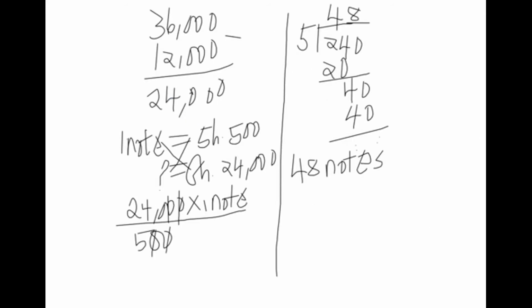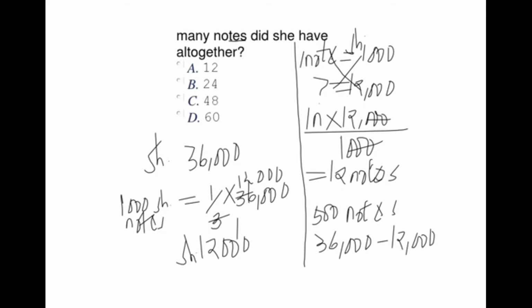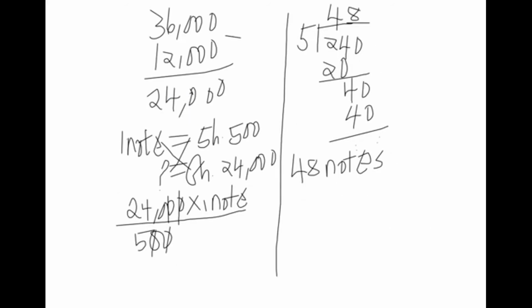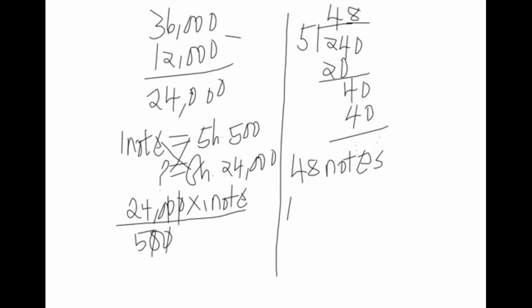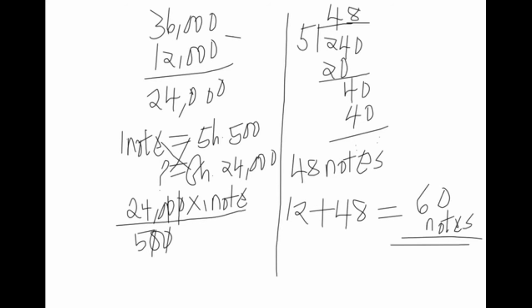So we add the 1000 notes, which was 12. So 12 plus 48 gives us 60. We have 60 notes.